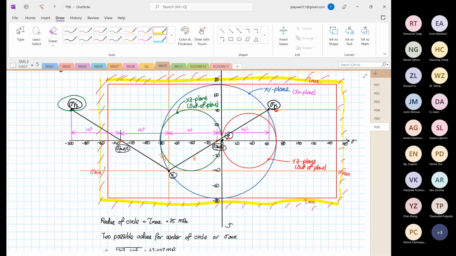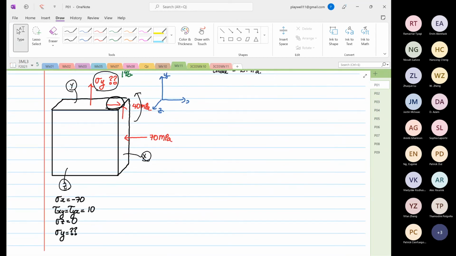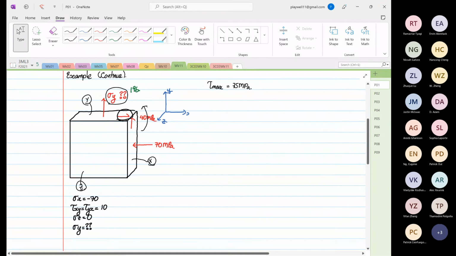So as I said, the question asks for two possible values. We only found one, so we're going to continue by finding the other value. We're going to now construct the Mohr circle.